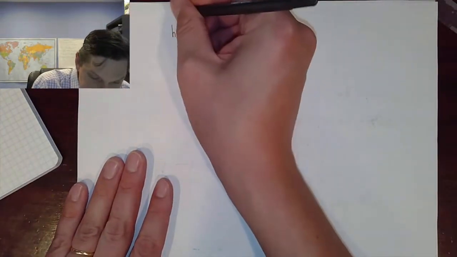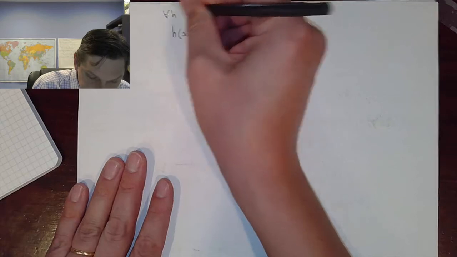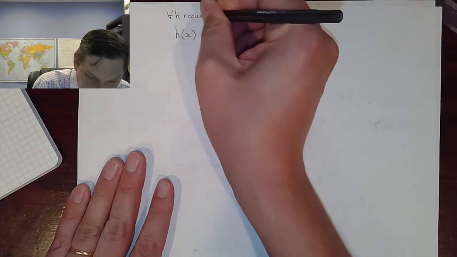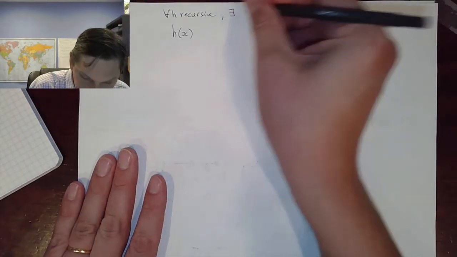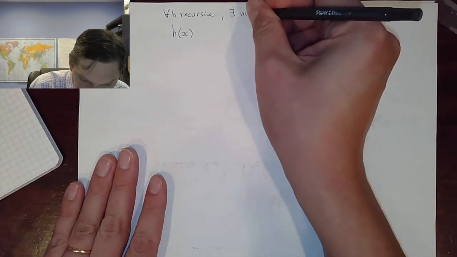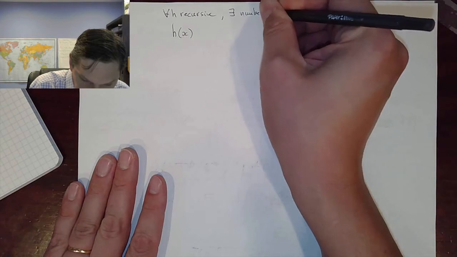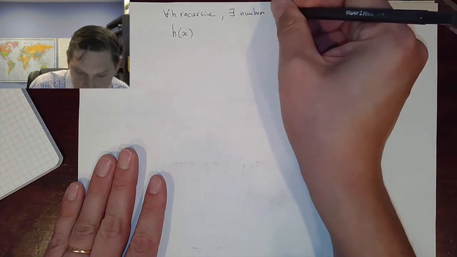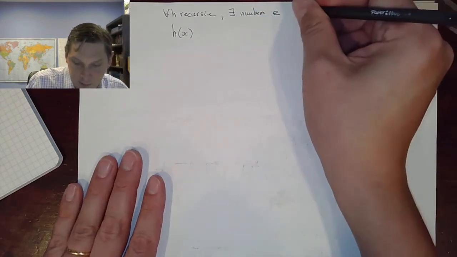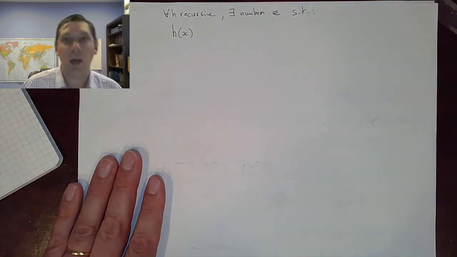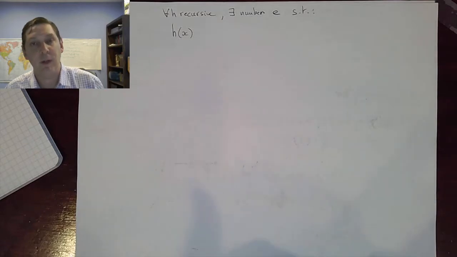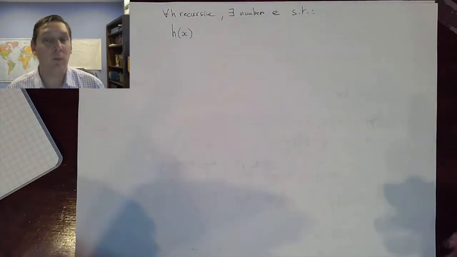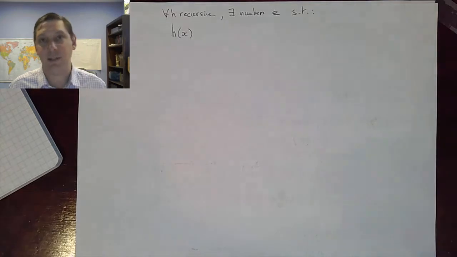For this recursive function, there is a number e such that h of x is going to be associated with another function that takes this number, which is the index of the function h, as an argument.